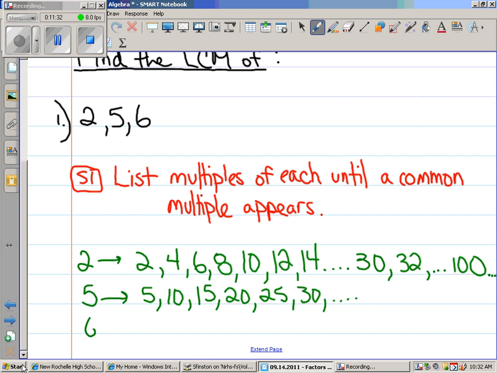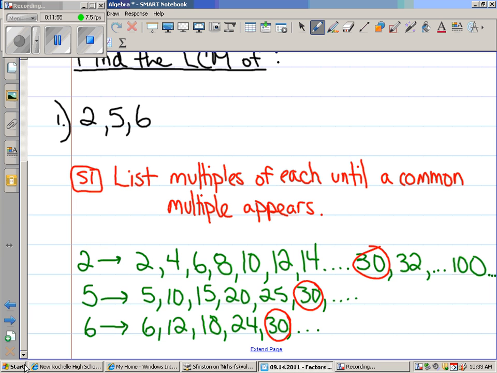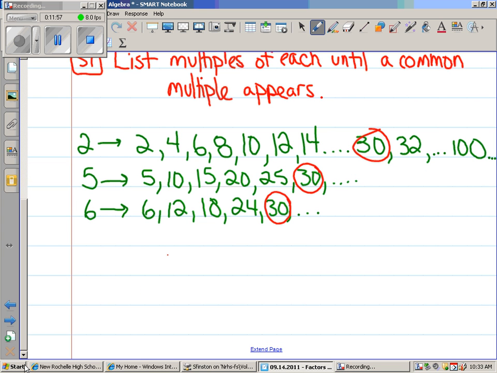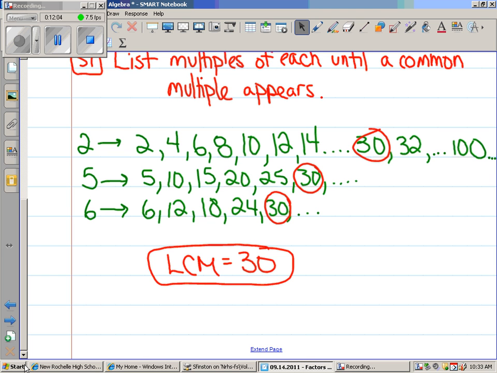Give me some multiples of 6. 12, 18, 24, 30. Look, they all have 30 in common. And so the LCM, the least common multiple of these numbers, is 30. That's it.